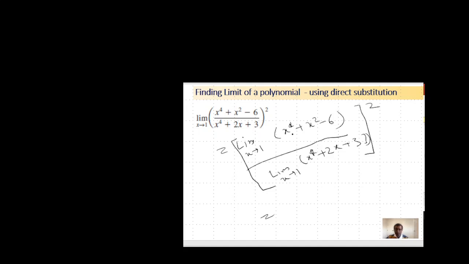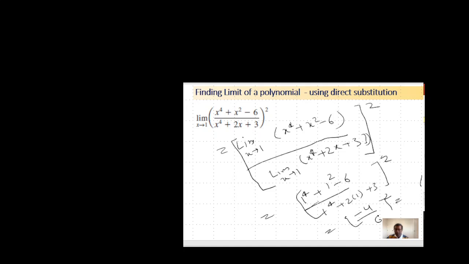If we substitute here directly, the top is 1 to the power 4 plus 1 to the power 2 minus 6, and the bottom is 1 to the power 4 plus 2 plus 3, and let's keep this power. That gives me 1 plus 1 is 2, minus 6 is minus 4, and here 1 plus 2 is 3, plus 3 is 6.